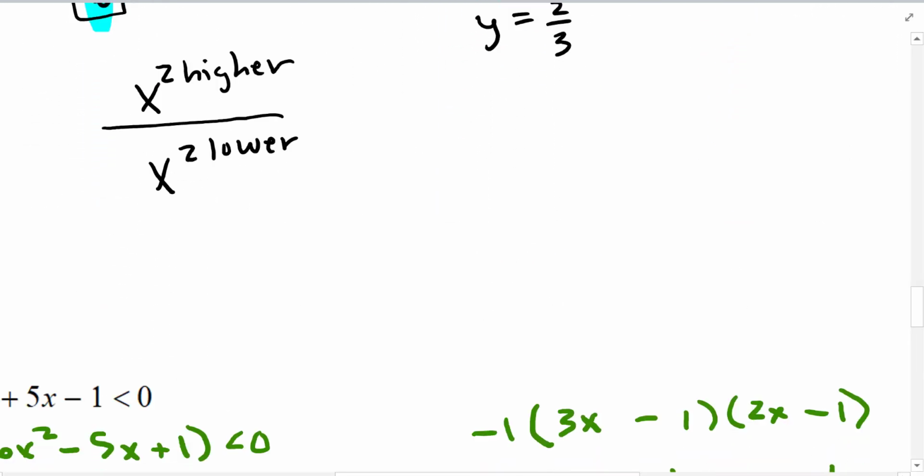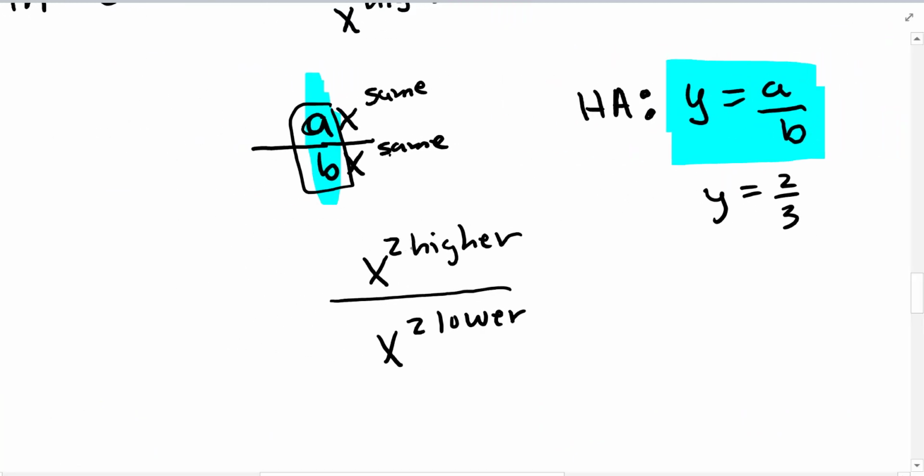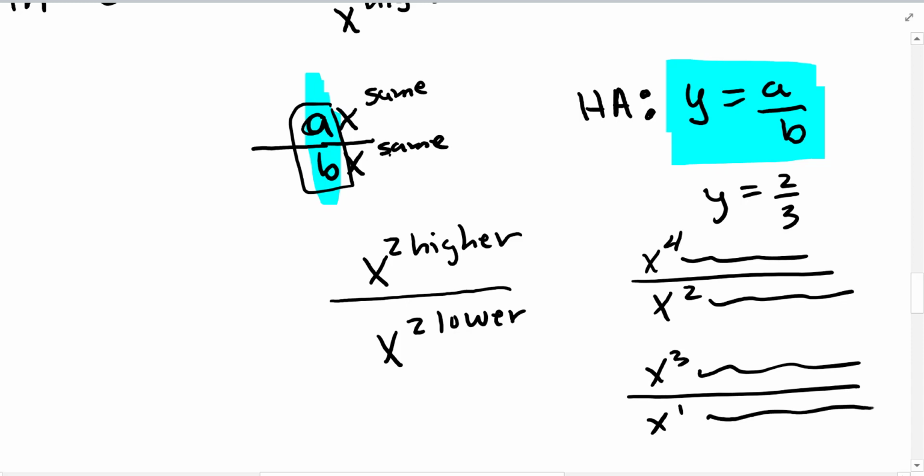All right, and then when the exponent in the numerator is 2 degrees higher than the denominator, this is what I mean. If you have x to the 4th and a bunch of stuff over x squared and a bunch of stuff, or x cubed over x to the 1st and a bunch of stuff, you're just going to ignore the x fourth over x squared.